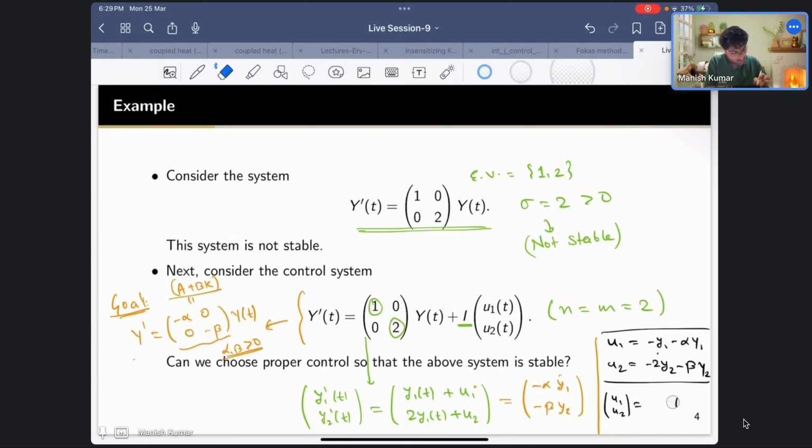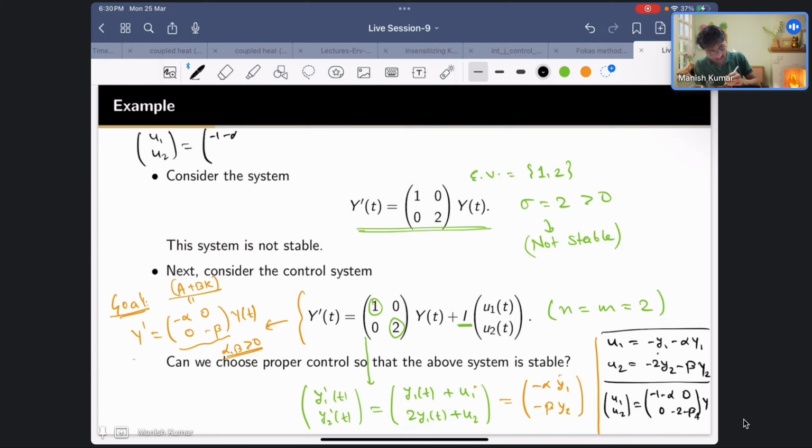So what is k? This k would be minus 1 minus alpha, 0, 0, minus 2 minus beta, times y1 y2, correct? So this is your matrix K.